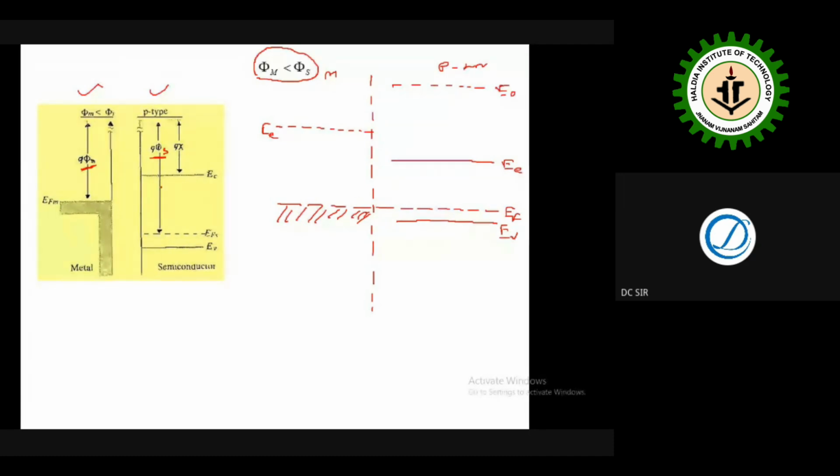Again you see this is downwards and this is upwards. So the conduction band is bent and the valence band is also bent, whereas the vacuum level also bends. So that is your q chi, and that is your q phi m.